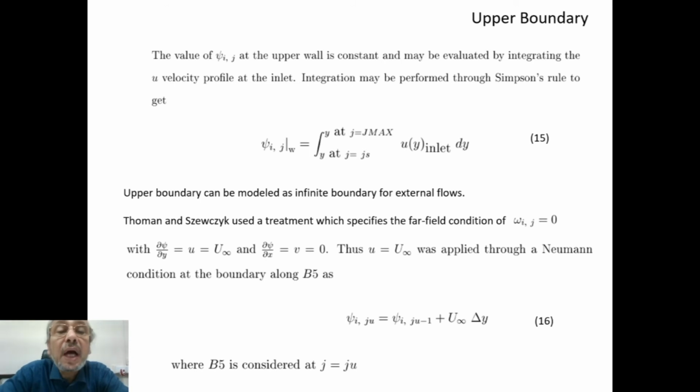The value of psi(i,j) at the upper wall is again constant. Throughout the wall it will be the same, and may be evaluated by integrating the u velocity profile at the inlet. This is from u equal to del psi del y, so psi equal to integral u dy.